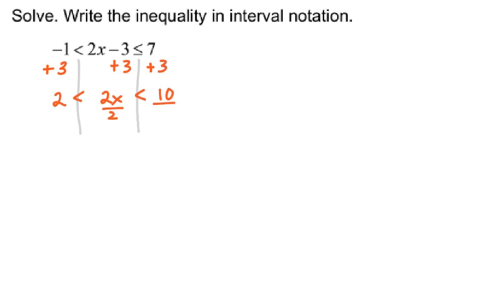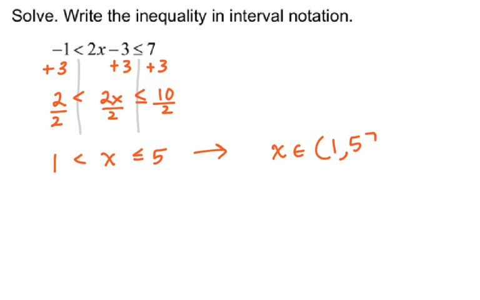Then I'll divide on each side or in each section. And that's 1 is less than, I left my equal to off there, 1 is less than x is less than or equal to 5, which we interpret as saying x is in between 1 and 5. 1 not included, 5 is included. So it's just kind of a shorter way of doing it.